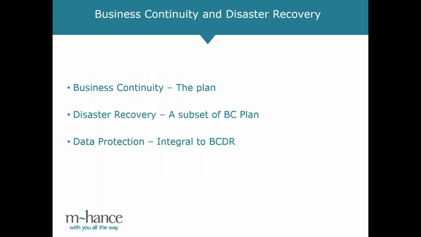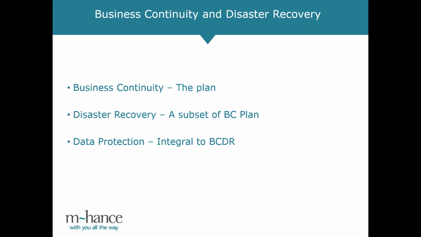So, business continuity and disaster recovery. In relation to safeguarding your applications and data, this is a critical element. So when we talk about business continuity and disaster recovery, what are we really talking about? Business continuity is the plan of action to ensure regular business will continue even during a disaster.